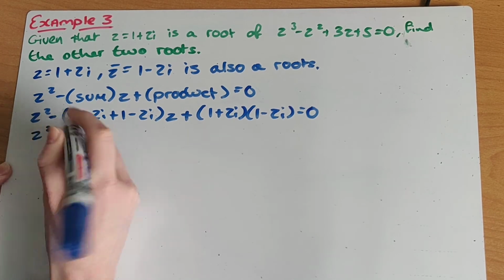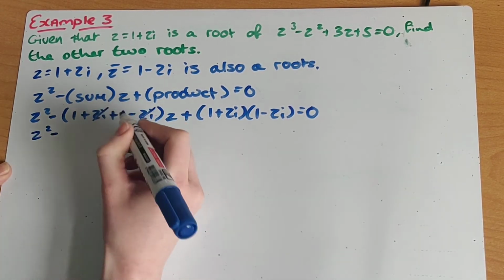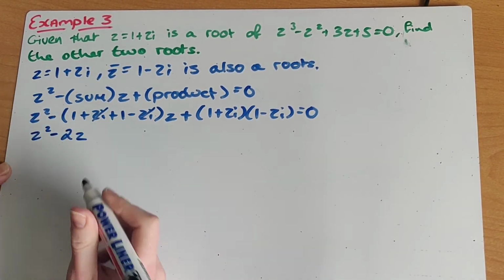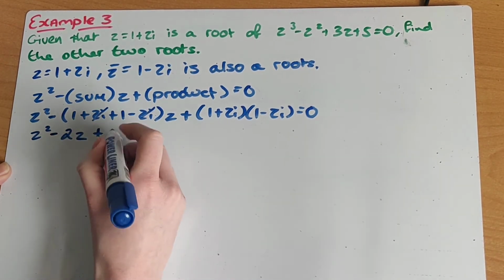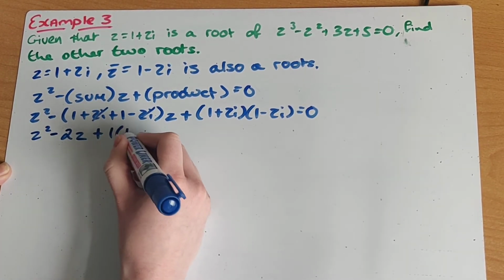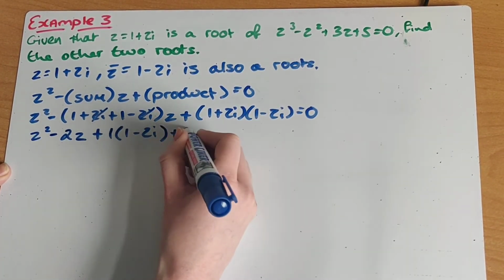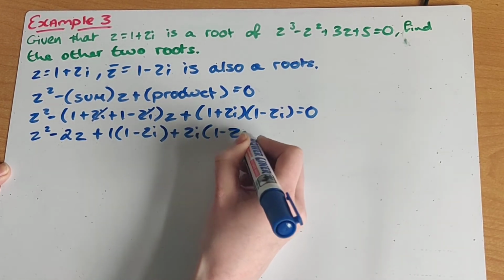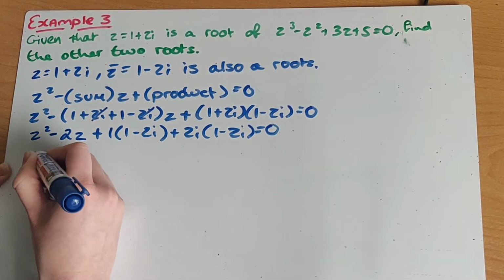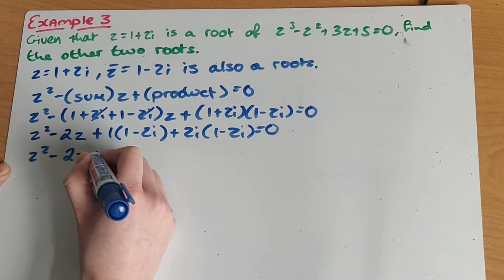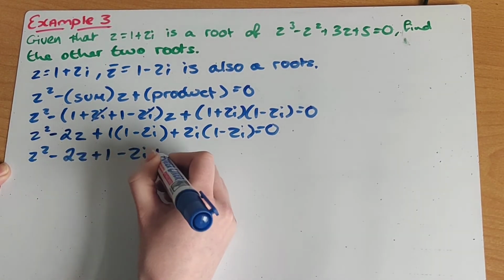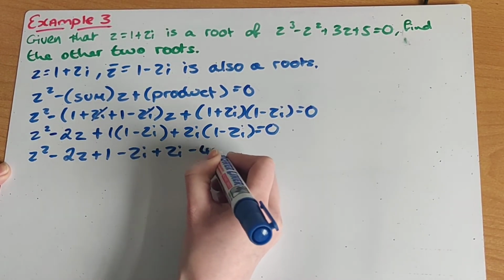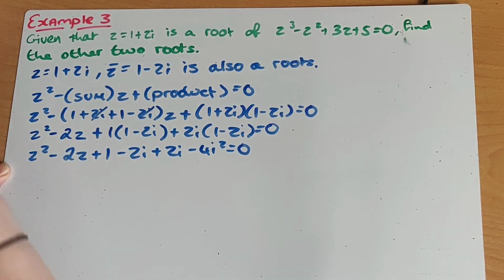Which means inside my brackets here, my 2i's cancel, so I'm left with minus 2z. Here I need to split the brackets to multiply. So I have 1 by 1 - 2i plus 2i by 1 - 2i is equal to 0. So we have z² - 2z + 1 - 2i + 2i - 4i² = 0.